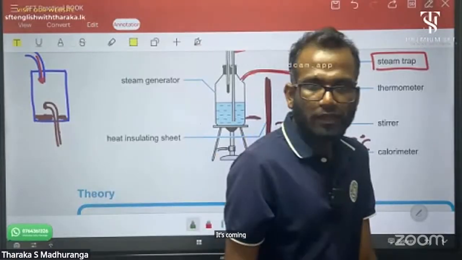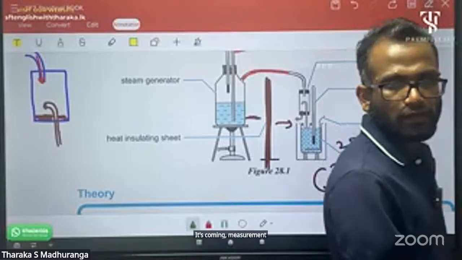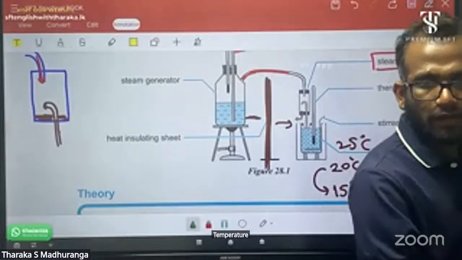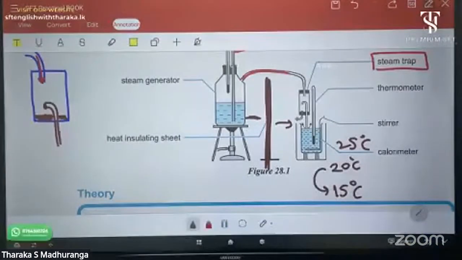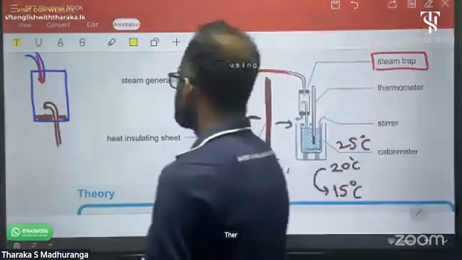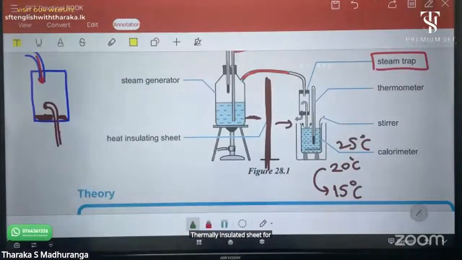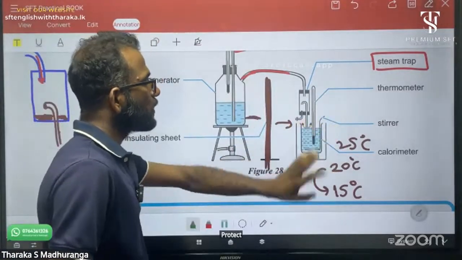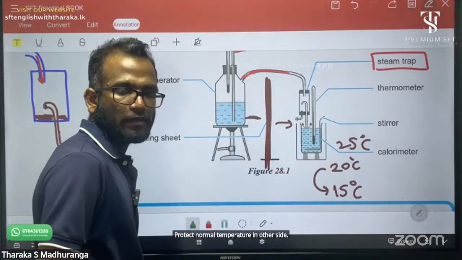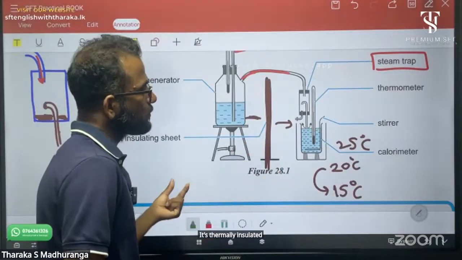Therefore, we have to use asbestos or whatever thermal insulated sheet to protect the normal temperature on the other side. Right? Thermal insulated sheet is compulsory.